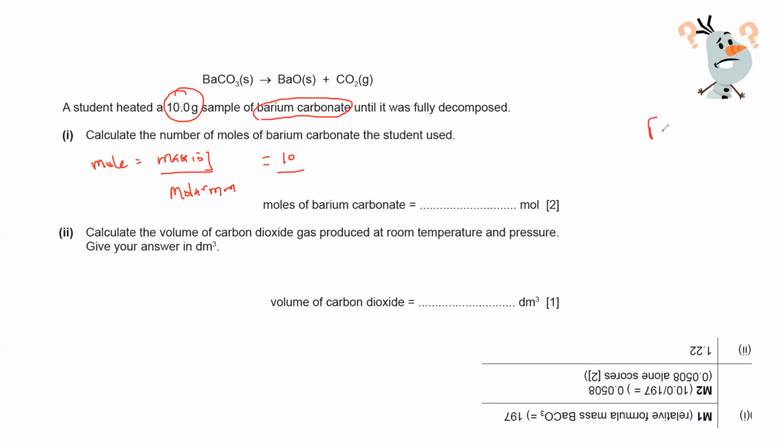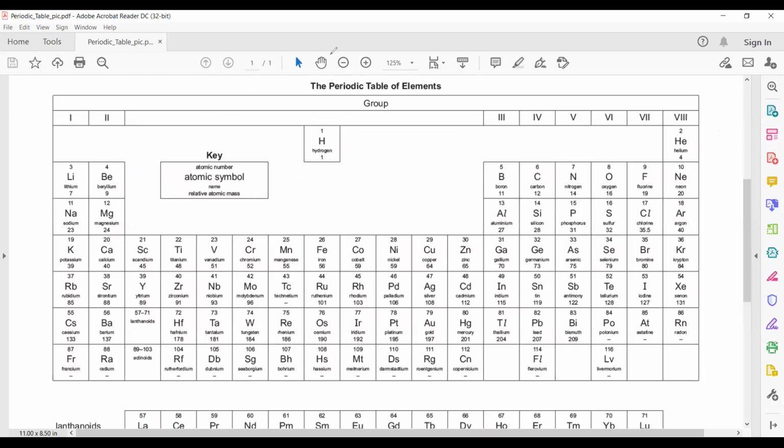Barium carbonate, BaCO3. What you have to do is use a periodic table for this. When you check the periodic table, barium is there. What is the mass of barium? 137. Because we want the total mass of barium carbonate, the molecular mass.